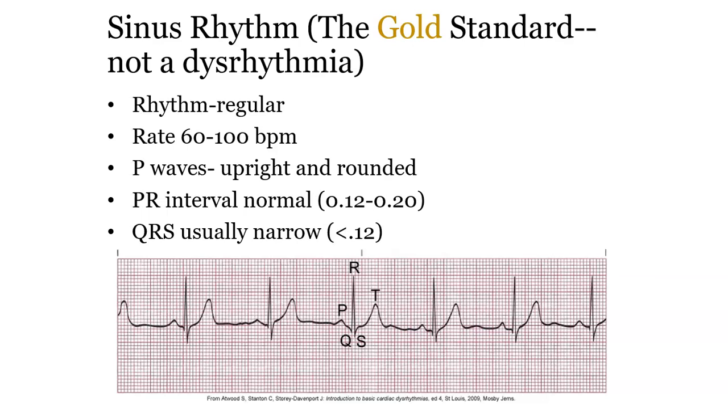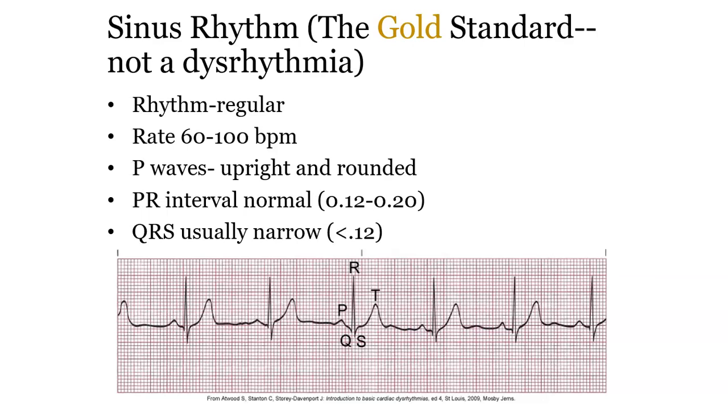On this strip, we can count the number of R waves, 1, 2, 3, 4, 5, 6, and know that the heart rate for this patient, we have 6 R waves, we multiply by 10, 6-second strips times 10 gives us 60 beats per minute. That's within our range for sinus rhythm.